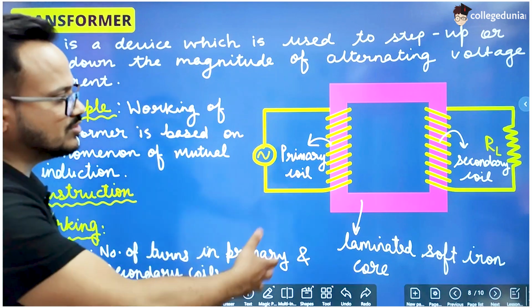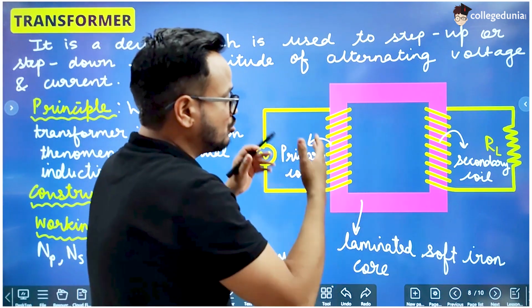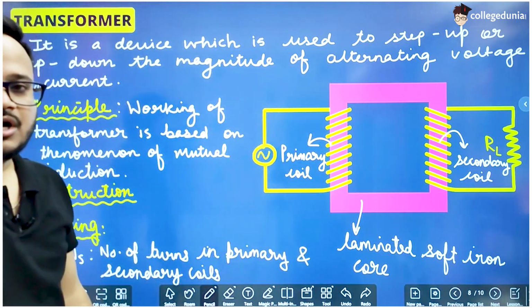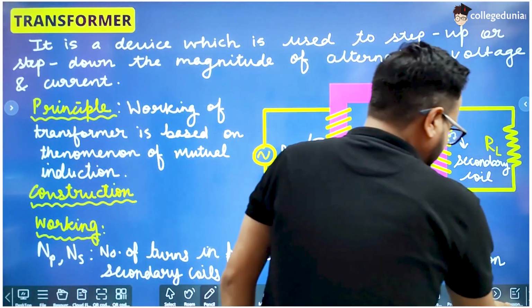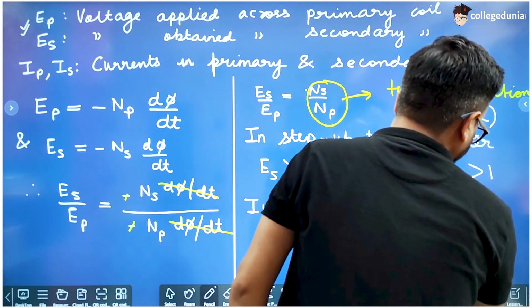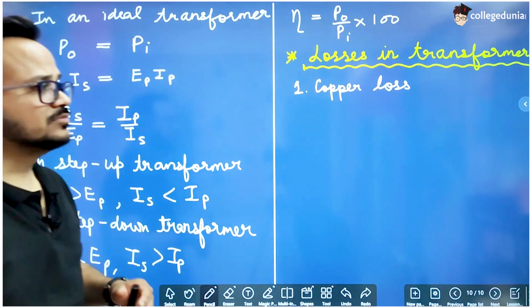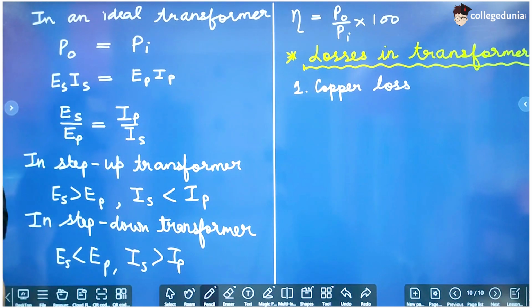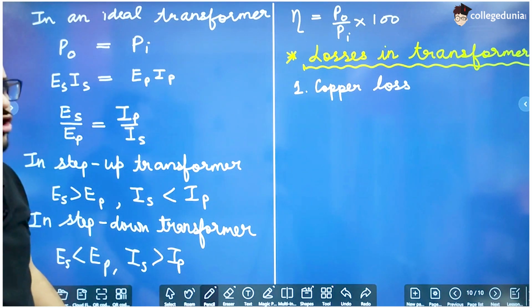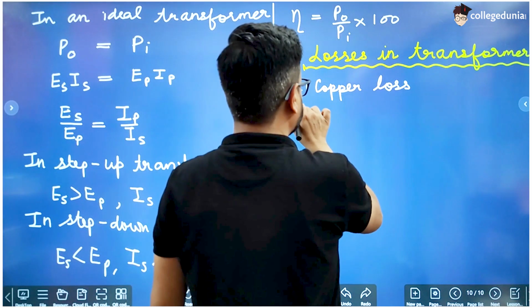So continuously, as the current is increasing and decreasing, lots of heat is produced in these copper coils, and that loss of heat is called copper loss. Obviously heat is a form of energy, so energy is getting wasted.